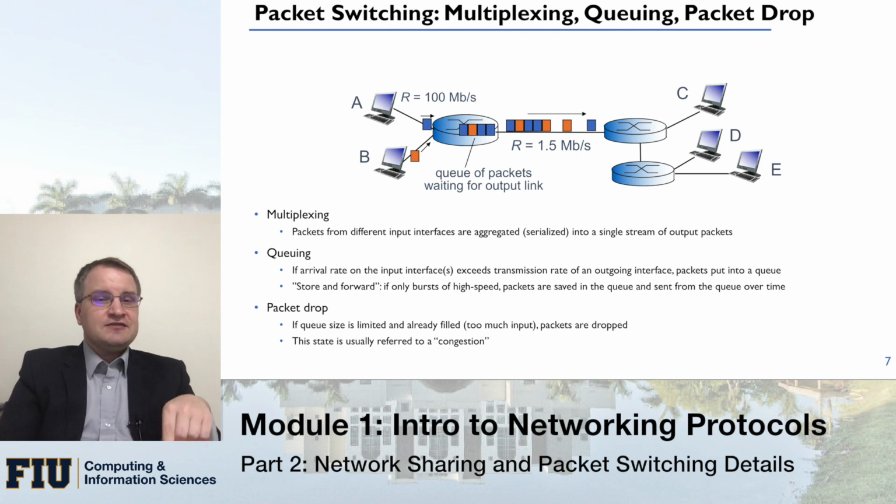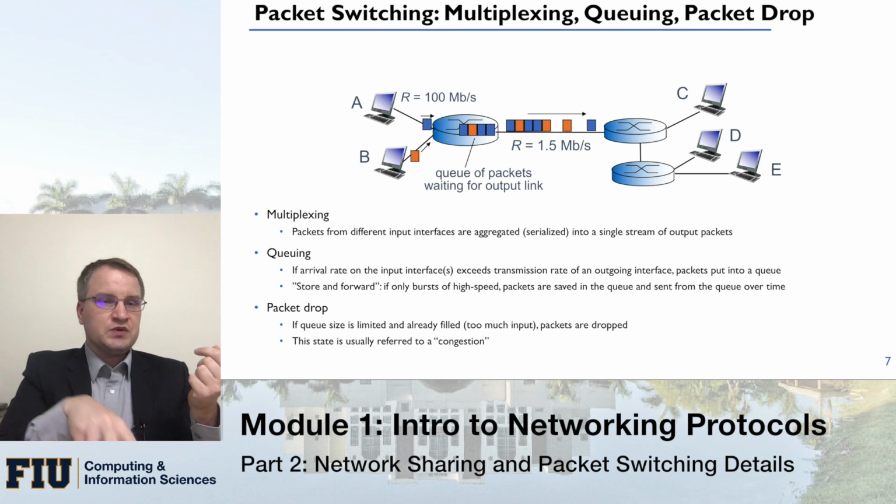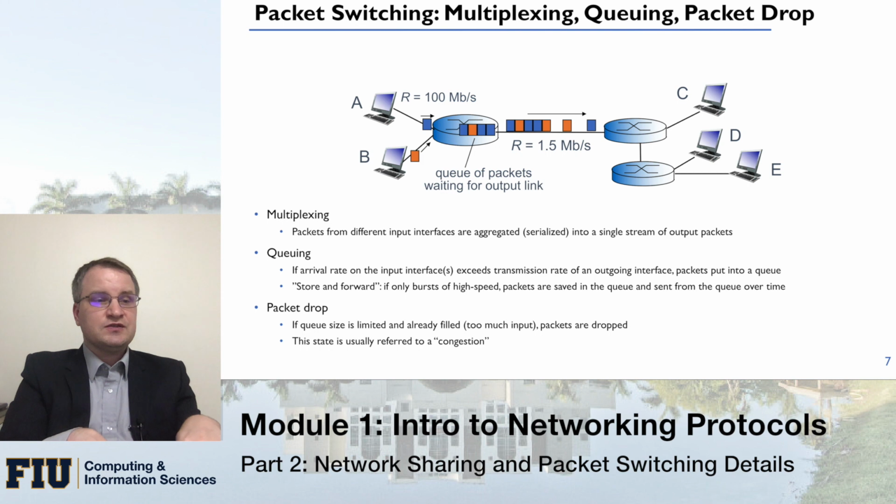Queuing plays a role because of the fact that link capacities, or link bandwidth, I'm sometimes going to be using these terms interchangeably, are not necessarily the same. Let's say a hypothetical example: we have a simple switch, router, or whatever device that has two incoming interfaces with 1 megabit capacity each, and the outgoing interface is 2 megabits per second.